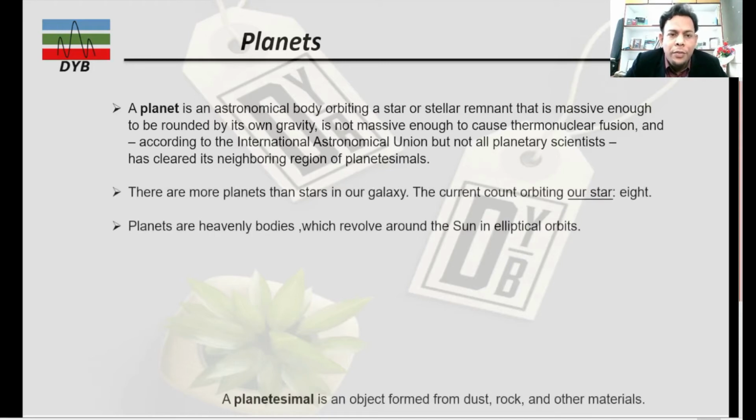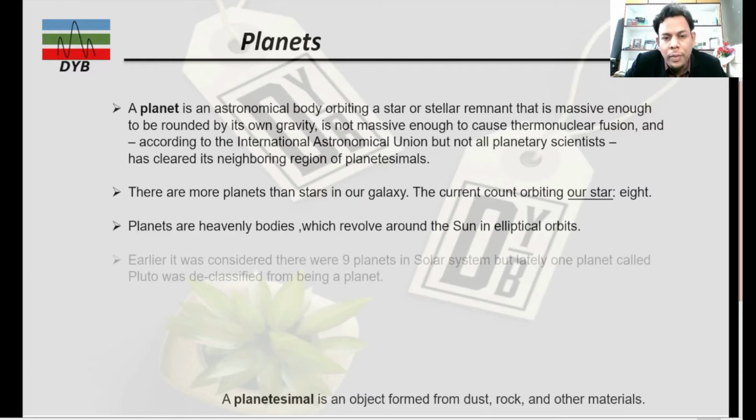Also, there are more planets than stars in our galaxy, that's a fact as well. The current count orbiting our star is actually 8, which excludes Pluto from our solar system. The planets are heavenly bodies which revolve around the sun in elliptical orbits.